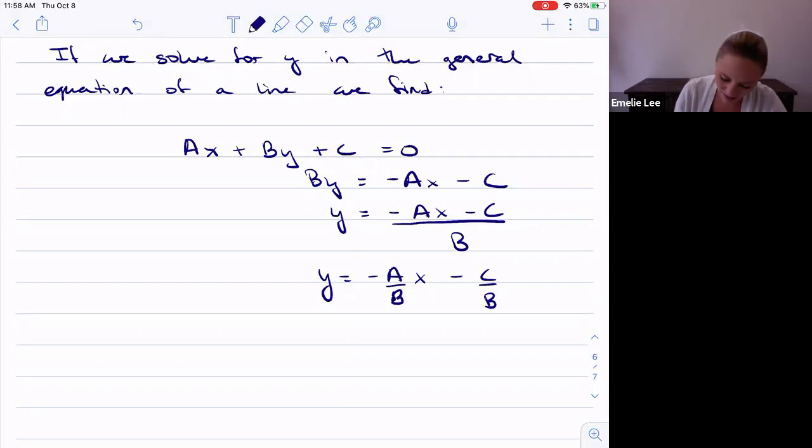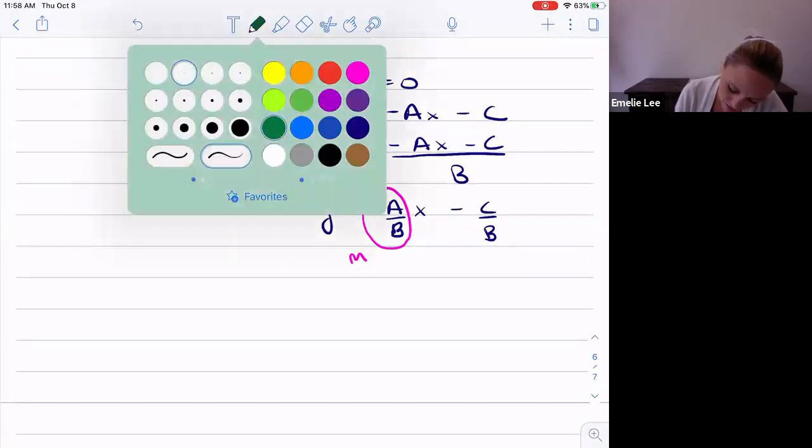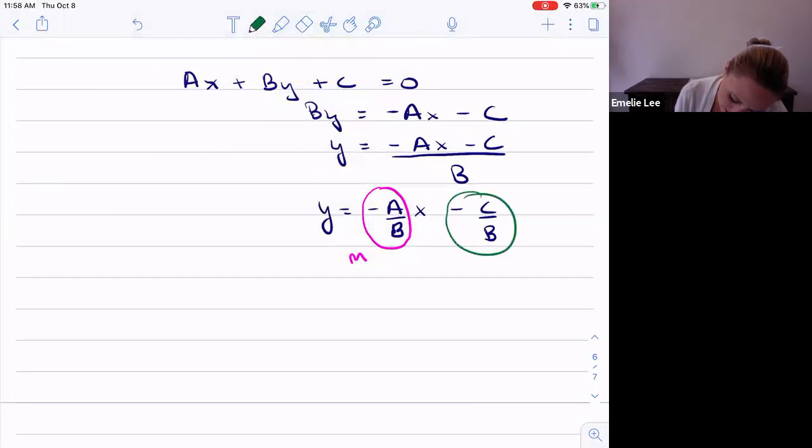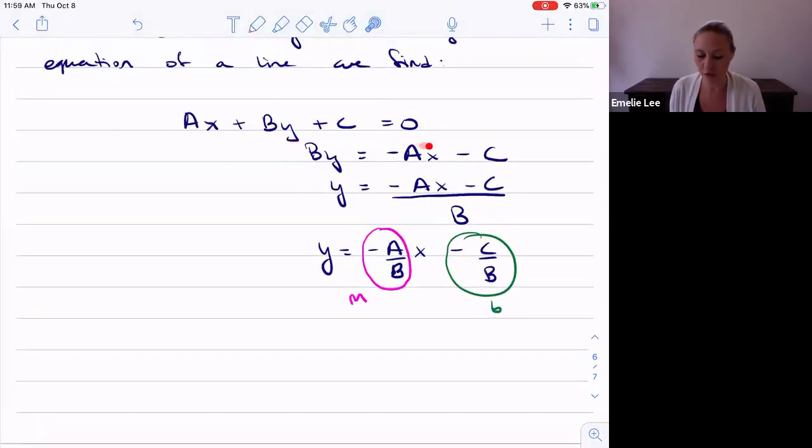Here, notice that negative a over b is your slope, because it's what's attached to the x, and negative c over b is your y-intercept, right? You do not need to memorize this at all, right?